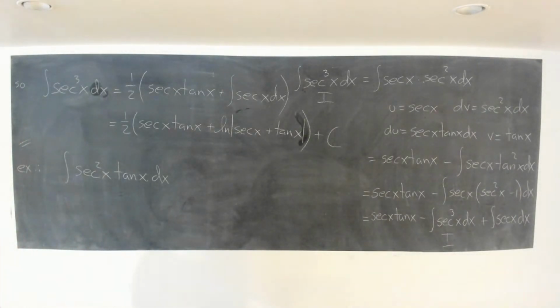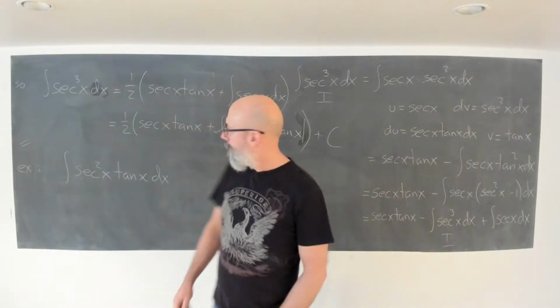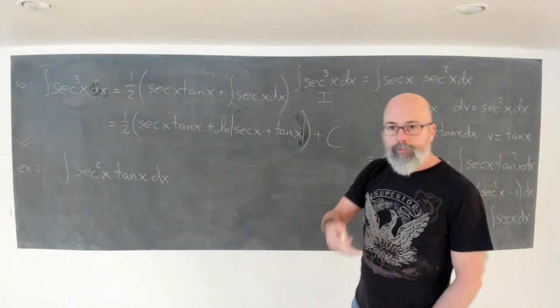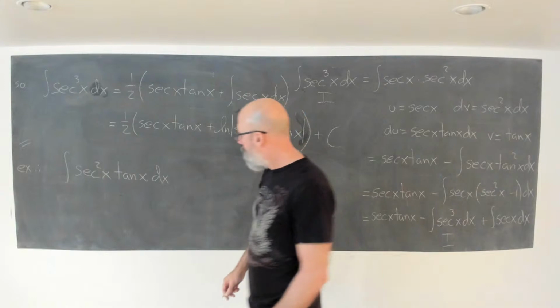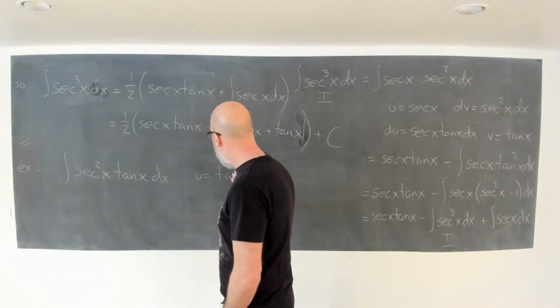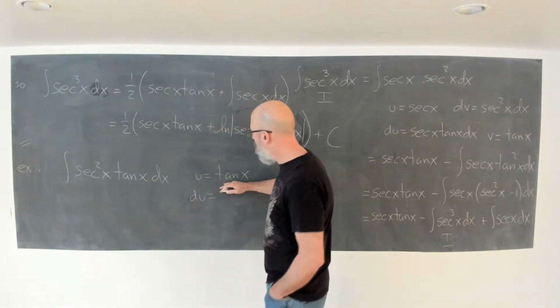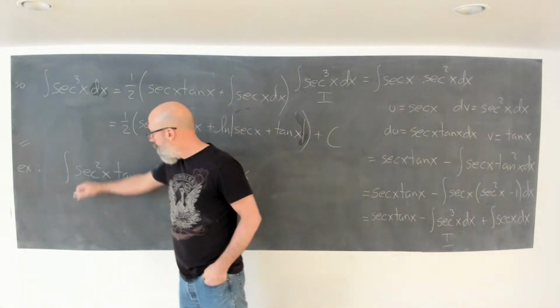Consider this. Exactly, right? This is very easy compared to what we've been doing. U equals tangent. A simple u substitution does the trick, because you recognize that the derivative of tangent is right here.